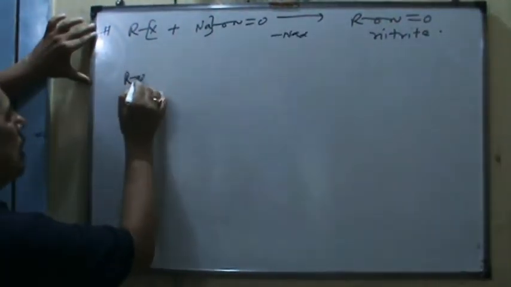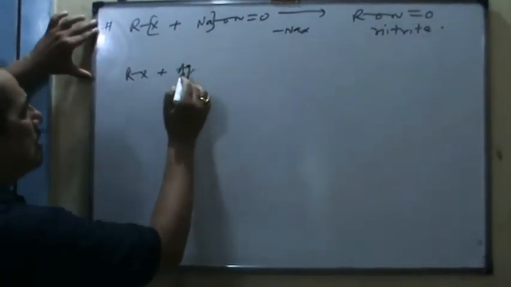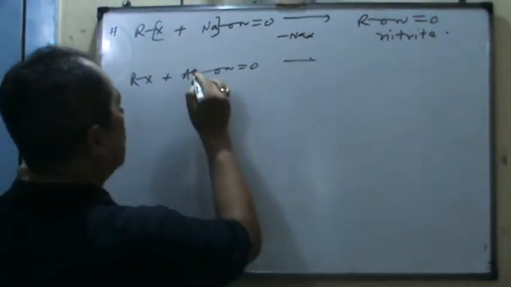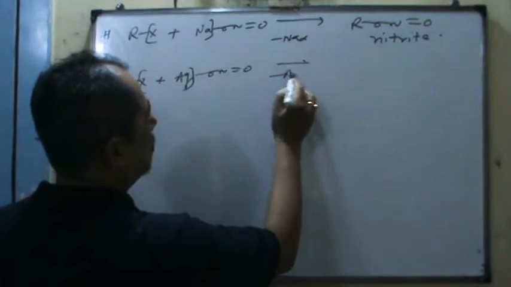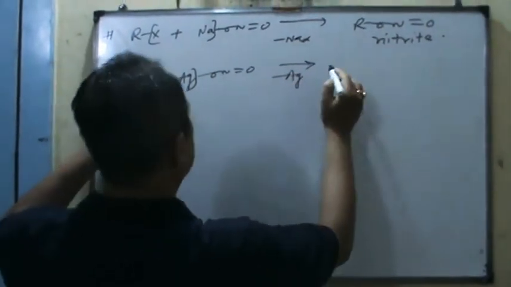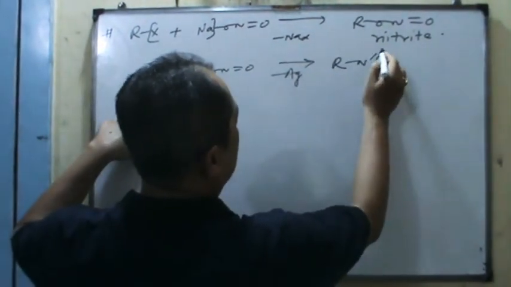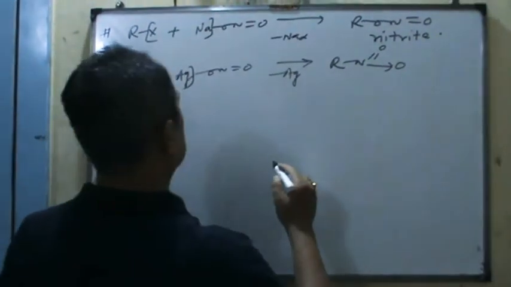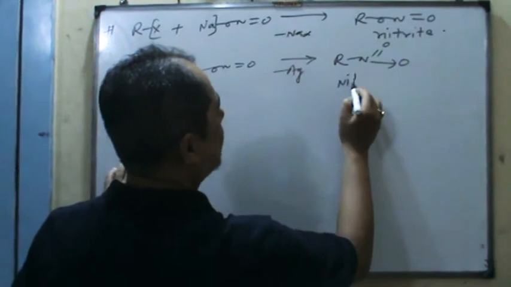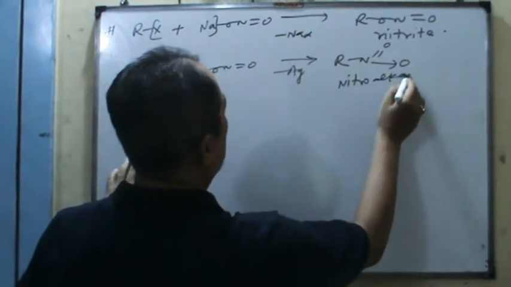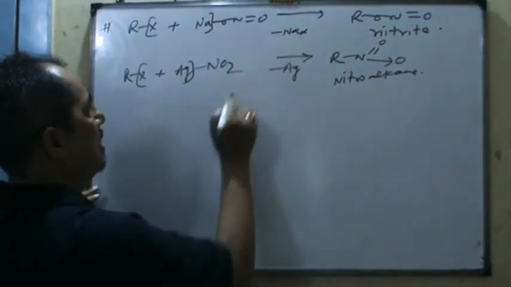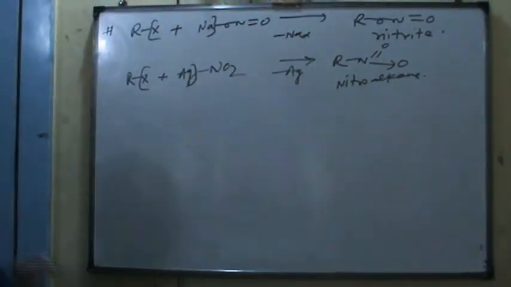But again you apply the same case as you have discussed earlier, AgNO2. AgX is out because silver is mainly covalent. R and double bond and coordinate bond O. So this is the nitroalkane. Better to say AgNO2. You have to write like this. Nitroalkane.